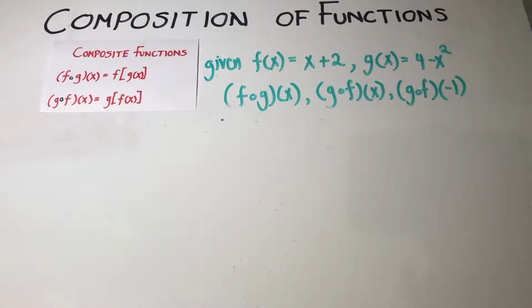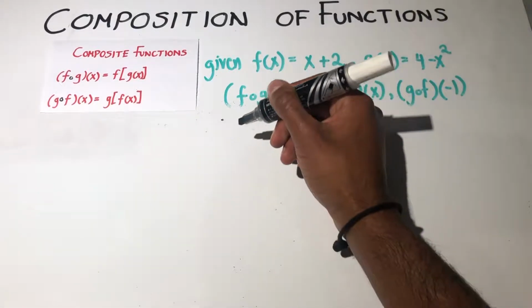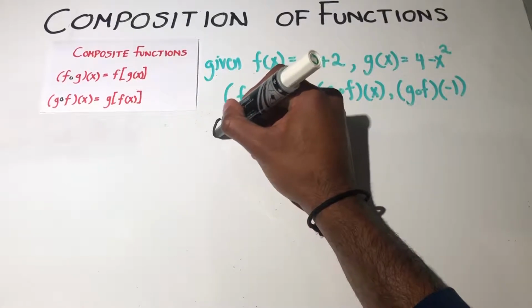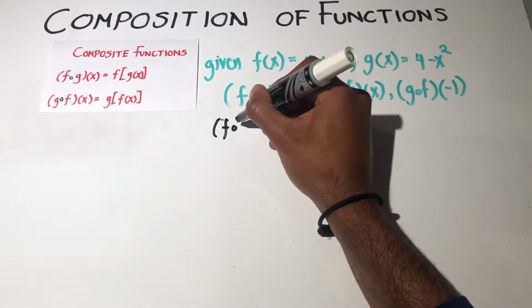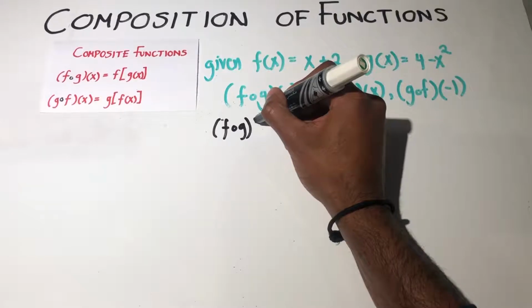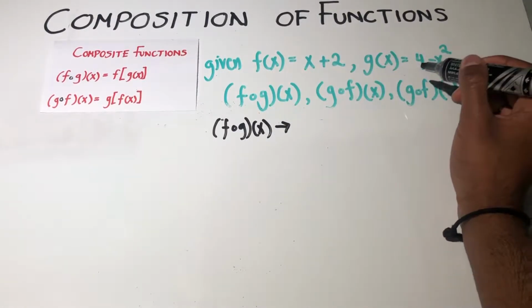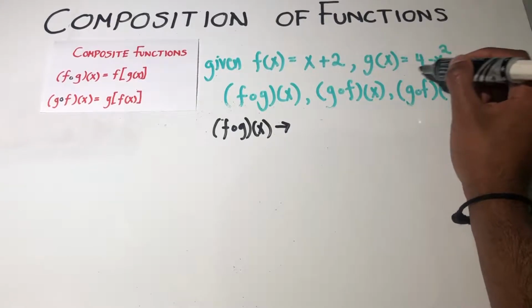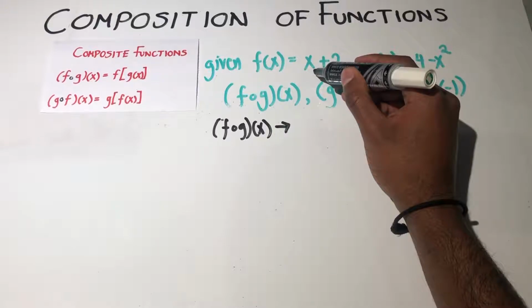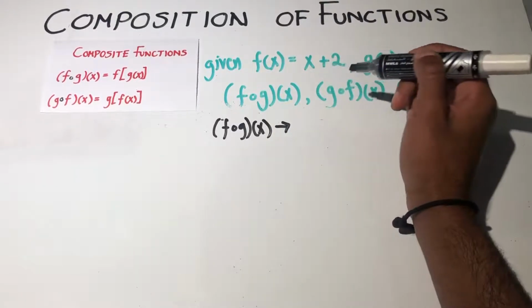We have f of x is equal to x plus 2, and g of x is equal to 4 minus x squared. So for the first part of the problem, we have f of g of x. So what you're doing here is taking g of x, the whole function, and plugging it in for x of the function f of x.